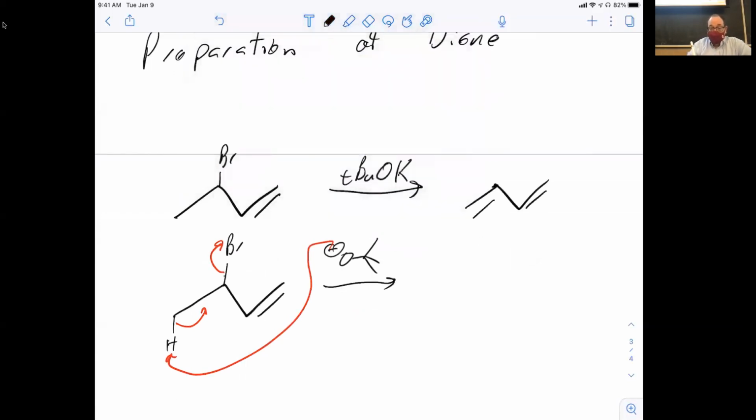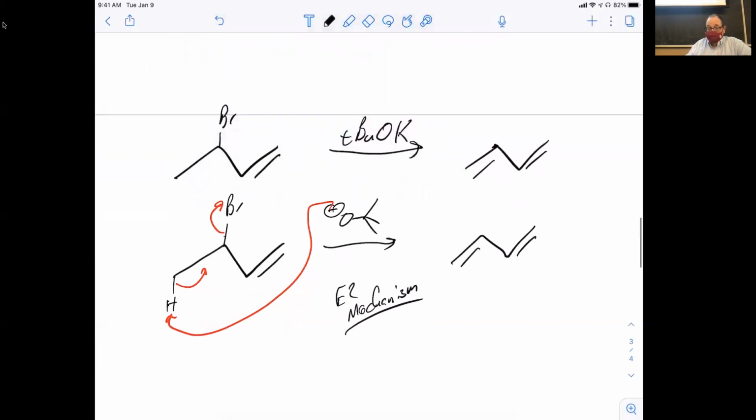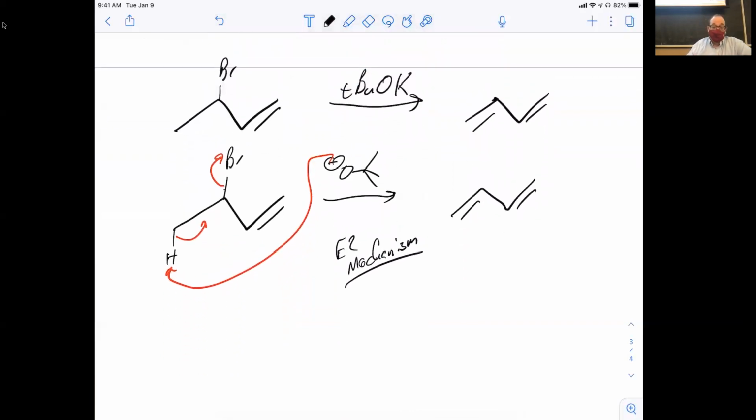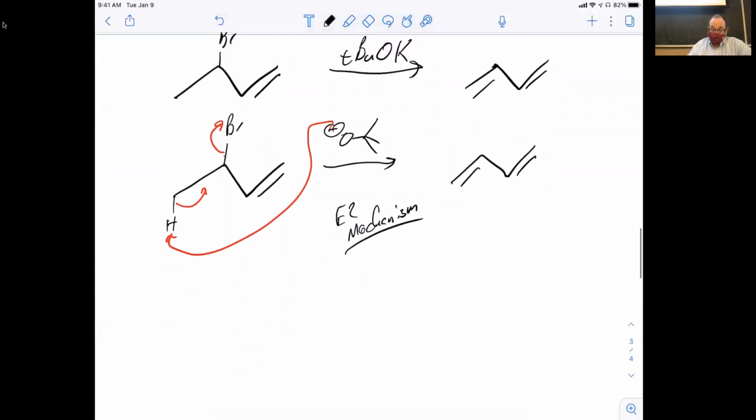Extracting that proton will be an E2 type elimination, which will result in the diene. The E2 mechanism is from organic 1. We could also start with an alkene.